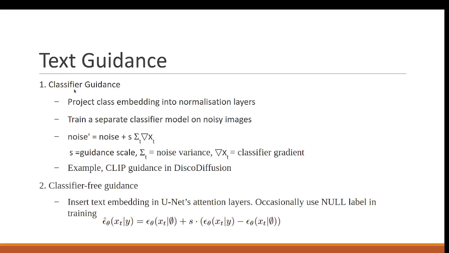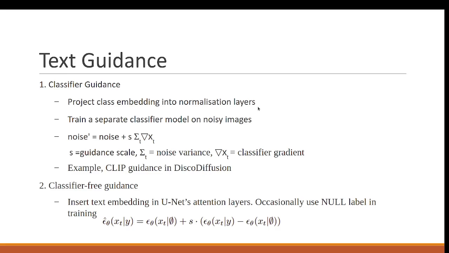Classifier guidance was introduced in that paper. They did an experiment training on ImageNet, which, as we know, has 1,000 different classes. Previously they already projected the class embedding into the normalization layers in the UNet.